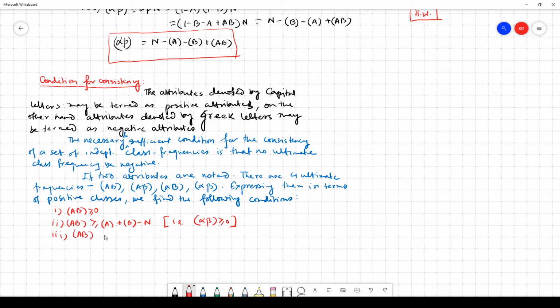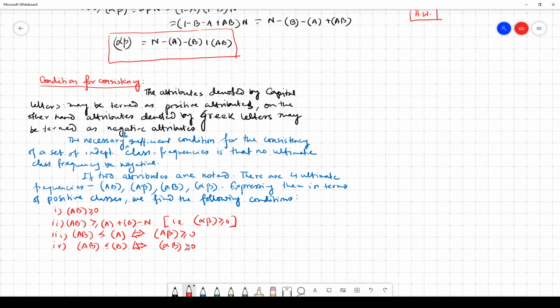AB less than or equal to A, this implies A beta greater than or equal to 0. AB less than or equal to B implies alpha B greater than or equal to 0. So these are the conditions.